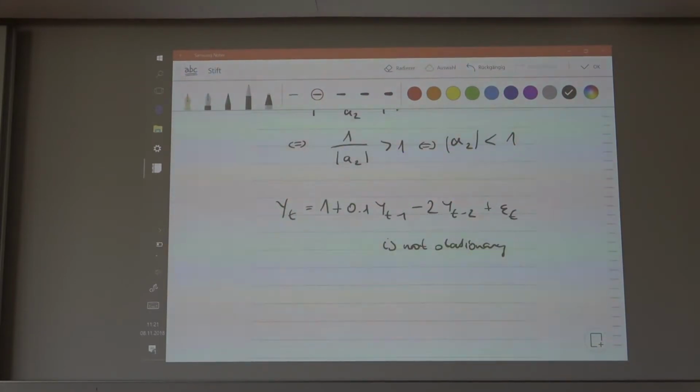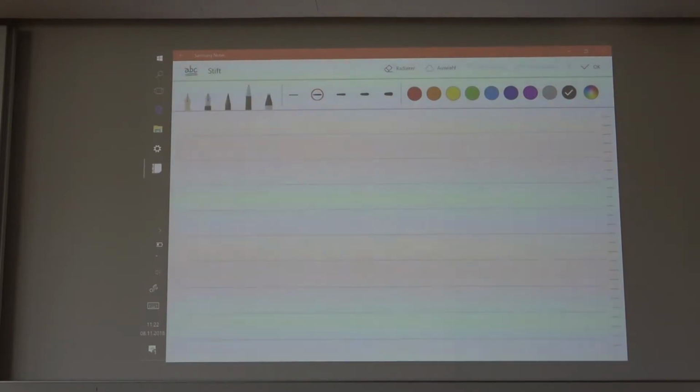I did this for the first order one, but you could do it for higher order processes as well. For second order, it's also not that important because you have the stationary triangle and you have the roots of the lag polynomial, which results in a quadratic equation.